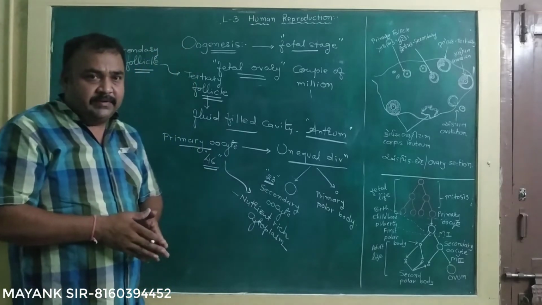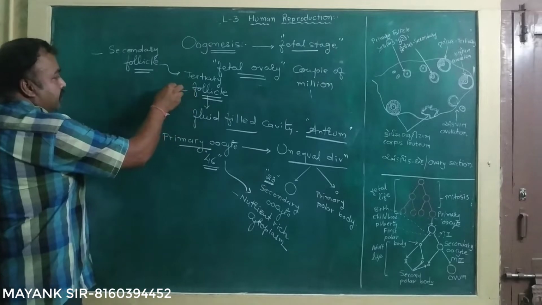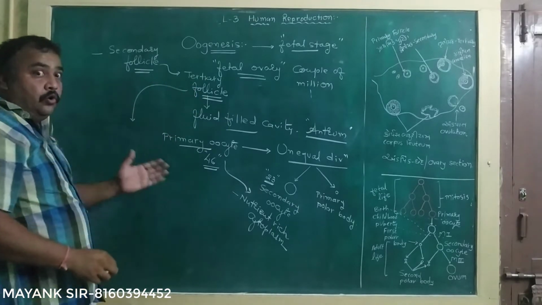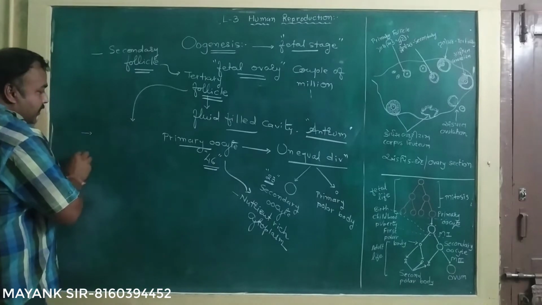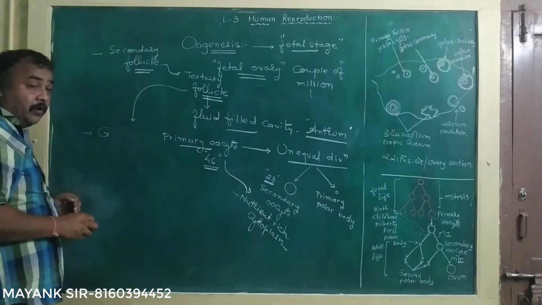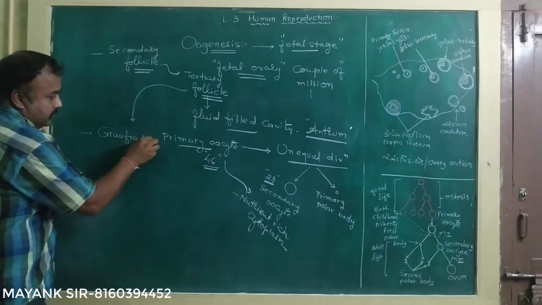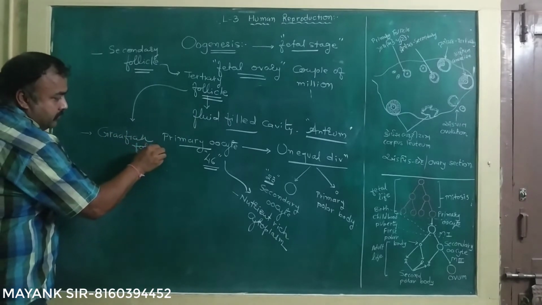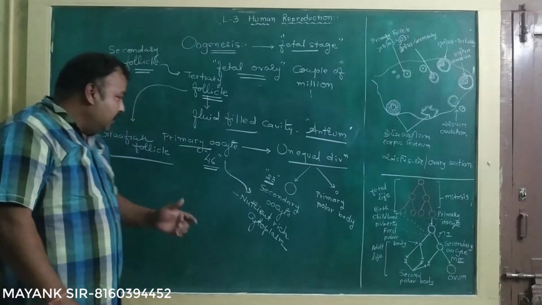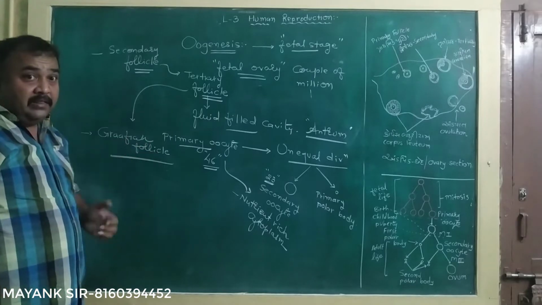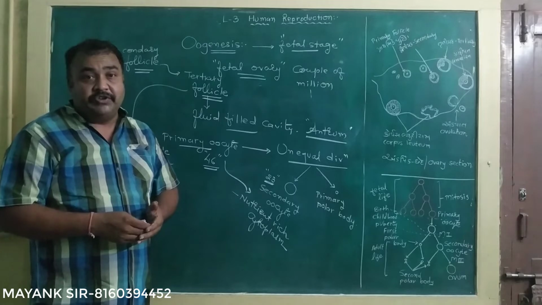Now what happens? The tertiary follicle again grows, develops, and becomes converted into the full grown follicle, that is called the Graafian follicle. And here, in the development of the Graafian follicle, the role of the secondary oocyte also is major.